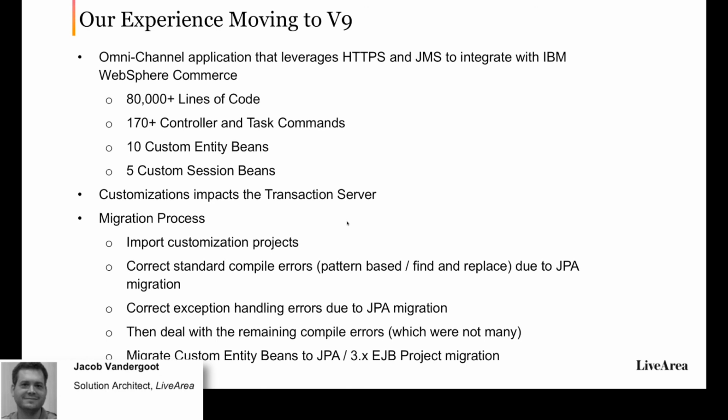We were able to correct about 70 to 80% of our compile errors through basically find and replaces, which is pretty amazing to say 70% of all your compile errors can easily be fixed. After we did that, we had to change exception handling.